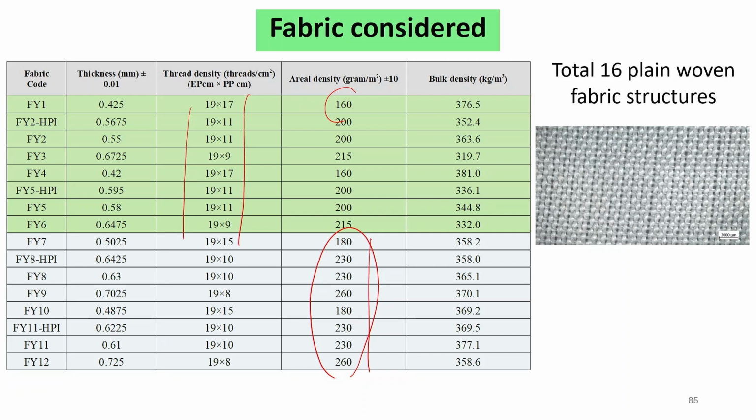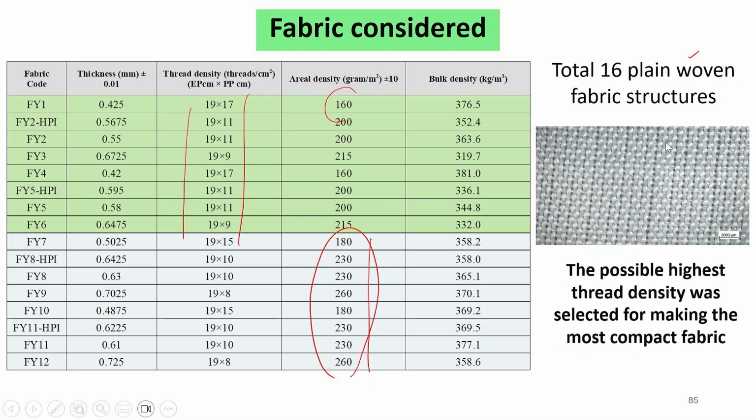From these 16 plain woven fabrics, we have done the slash resistant testing. The highest possible thread density was selected for making the most compact fabric structure, because for slash resistance we need a very compact structure.